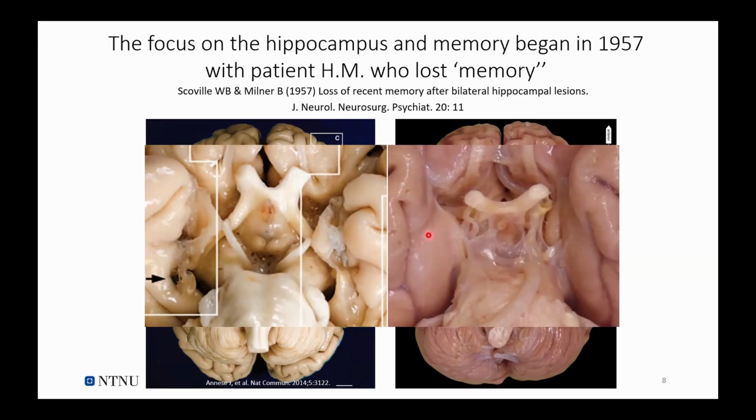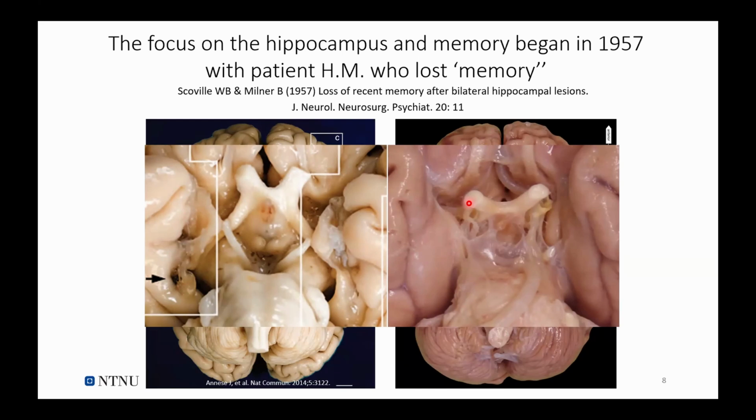So this is a ventral view of the human brain. And here, of course, you're all familiar with it. You see the lesion in HM, where on both sides a large part of this cortex and the underlying hippocampus was removed. And that resulted in a loss of memory, particularly newly formed memories.